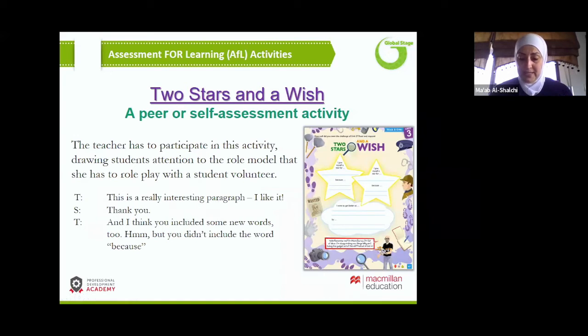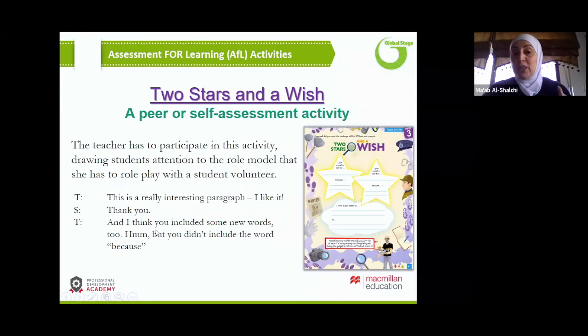The aim of this activity is again for 2 stars, 2 things that were really marvelous, that you did very well. This is like the teacher here in the conversation is saying, this is a really interesting paragraph. I like it. Student says, thank you.